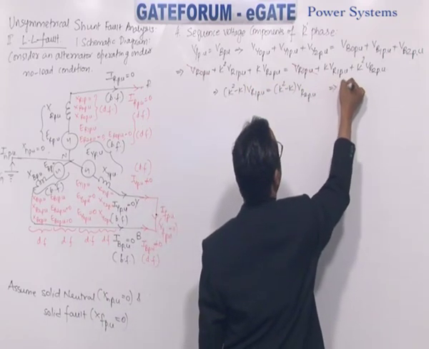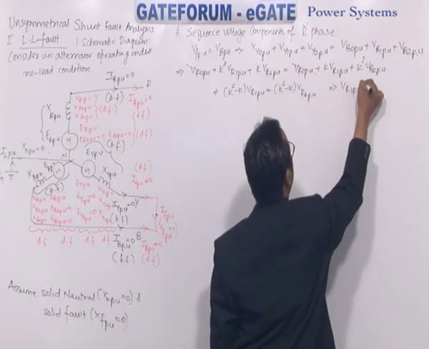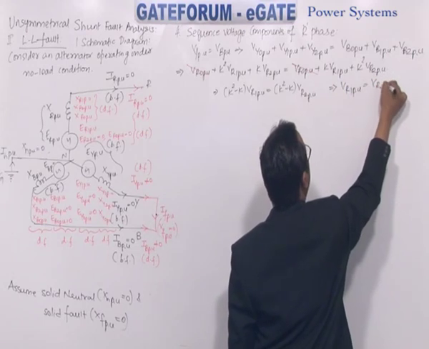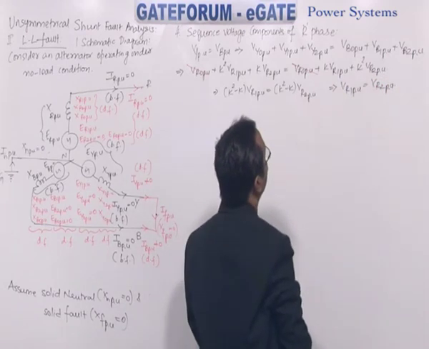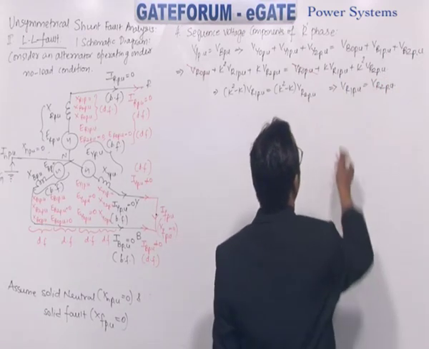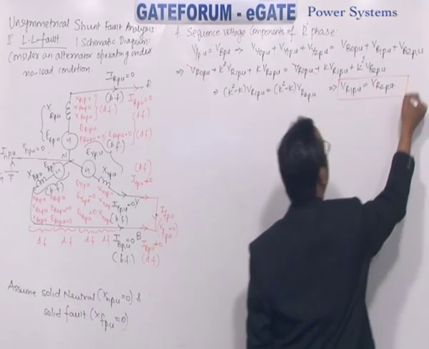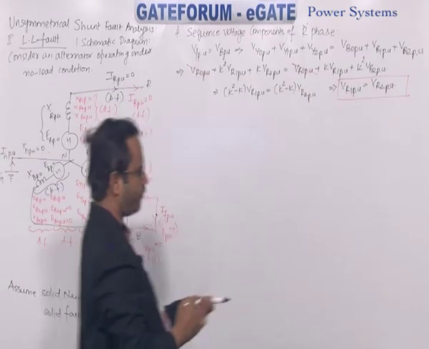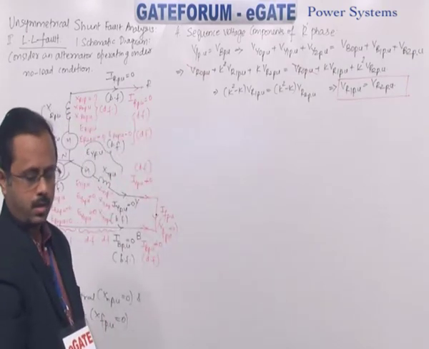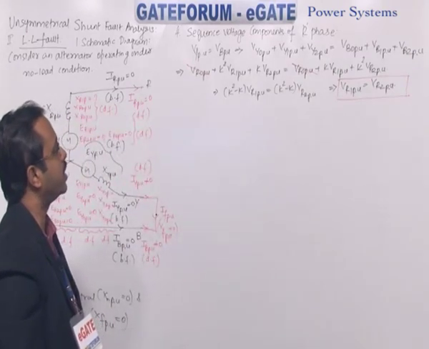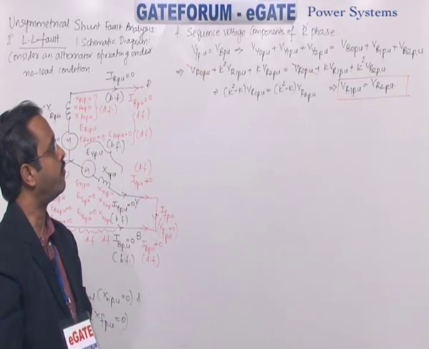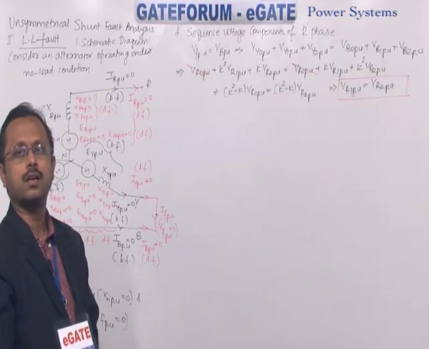So these two get cancelled. So what is VR1 per unit equal to? VR2 per unit. So this is the sequence voltage components of R phase.